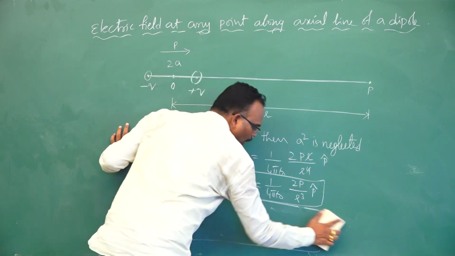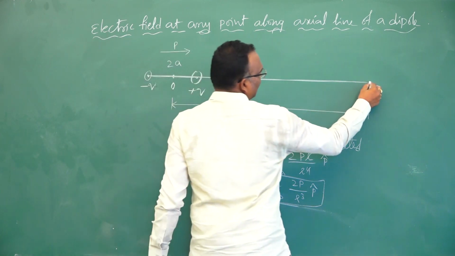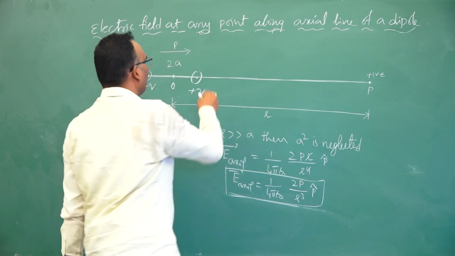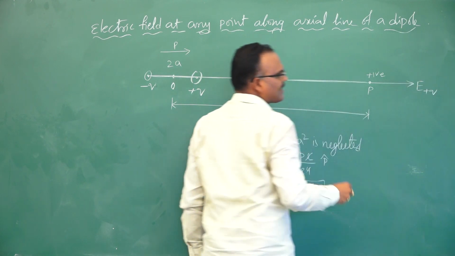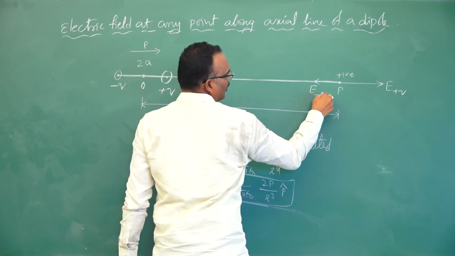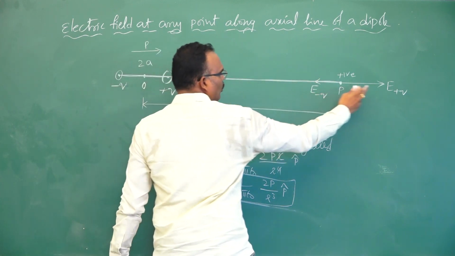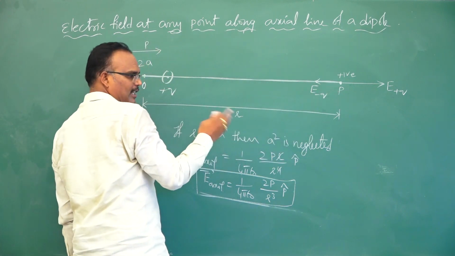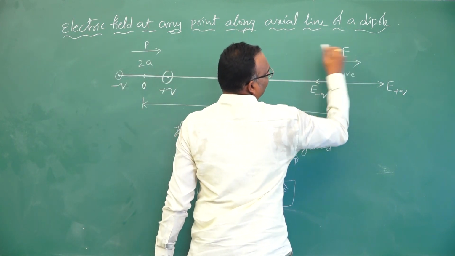Here another important point you have to remember is, at this particular point where I have to calculate the electric field, I have to place a unit positive charge there. This positive charge repels in this direction, so electric field due to positive charge is in this direction, and negative charge attracts this unit positive charge, so electric field due to negative charge is represented in this direction. Positive charge is closer, so strong field. Negative charge is farther compared to positive charge, so less magnitude. Resultant electric field will be in this direction.